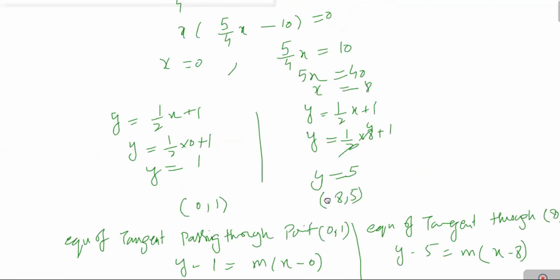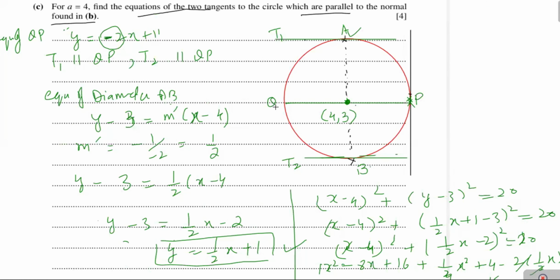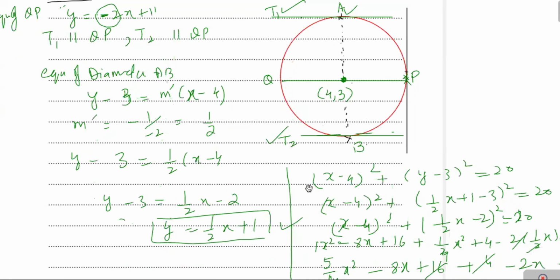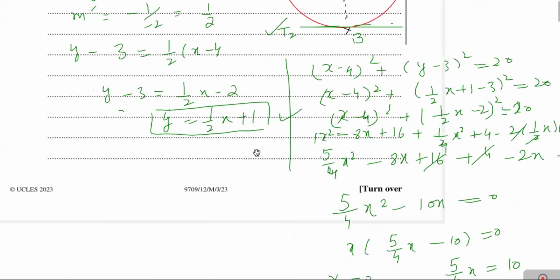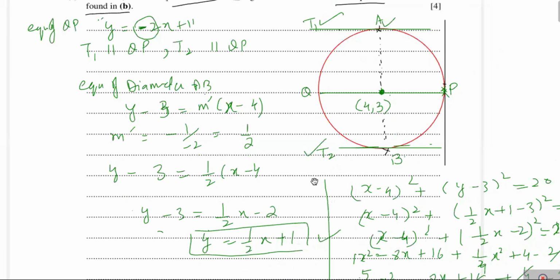Now the gradient of the QP is minus 2, and these tangent lines T1 and T2 are parallel to QP. Therefore, the gradient of the tangent will be minus 2, since T1 and T2 are parallel to this normal line QP.